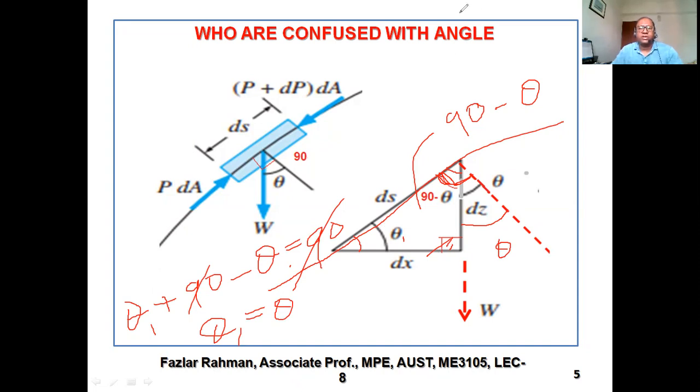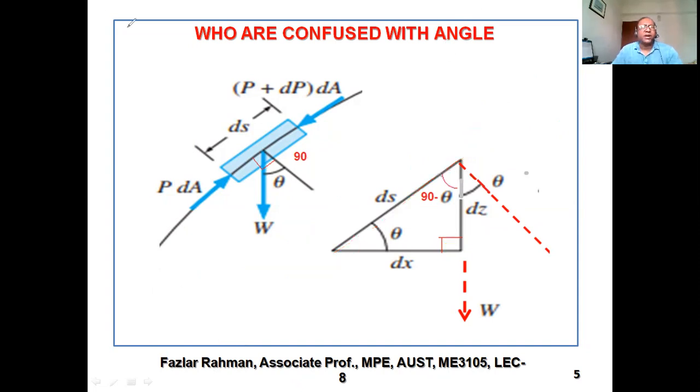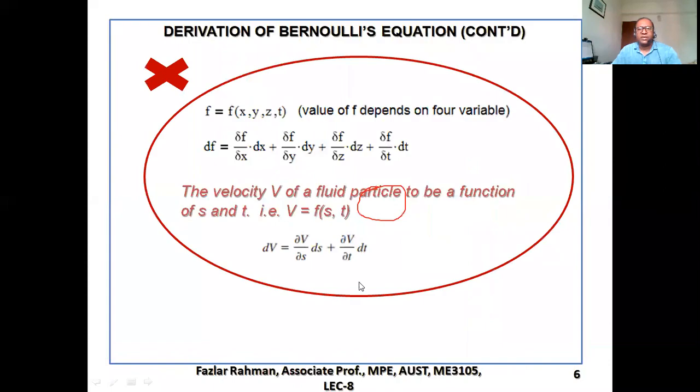So you need to remember this one. Now we'll apply Newton's second law along this direction. And what is the purpose over here? These values of dx, dz, we can correlate with the value ds by applying sine theta, cos theta. Okay, that is the intention.